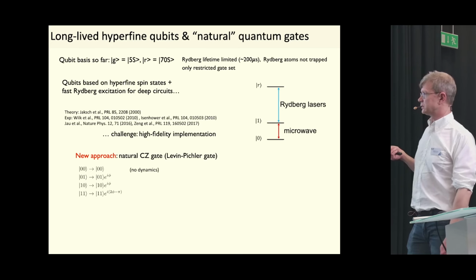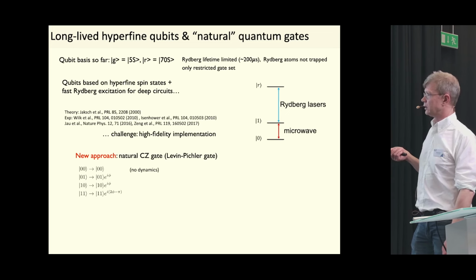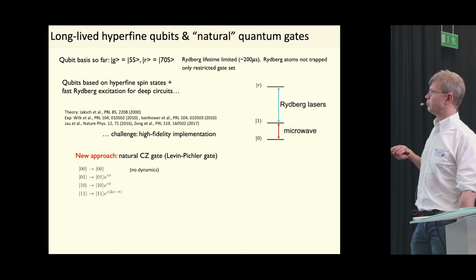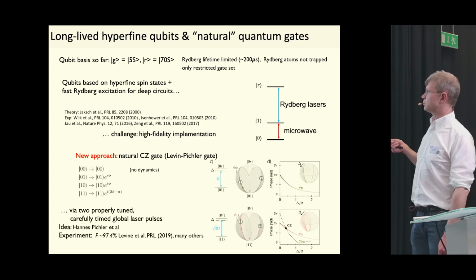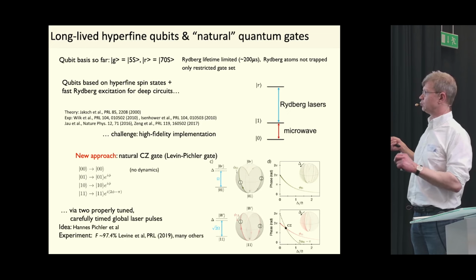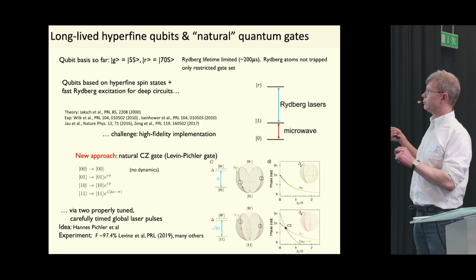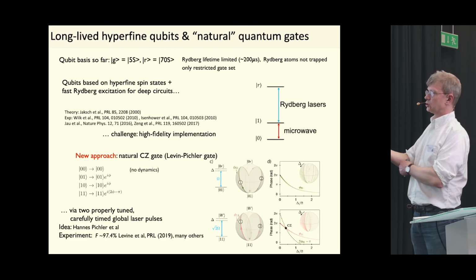This development started from 2019 with the idea of Levine-Pichler, what we call the Levine-Pichler quantum gate. In this quantum gate, you use this blockade and you illuminate both atoms with the Rydberg state simultaneously to create a conditional phase shift.